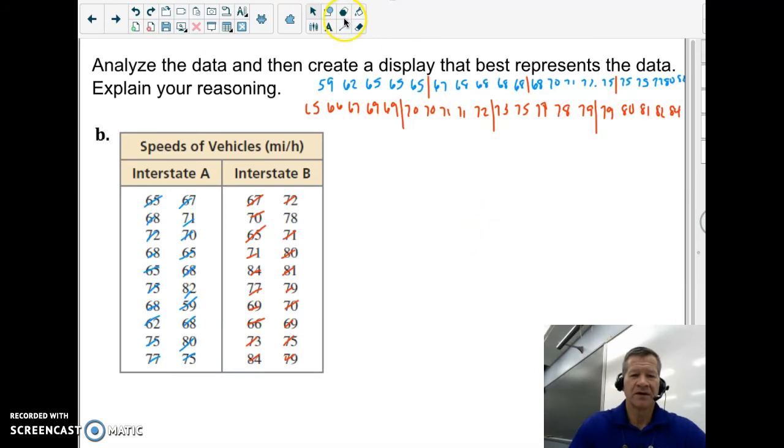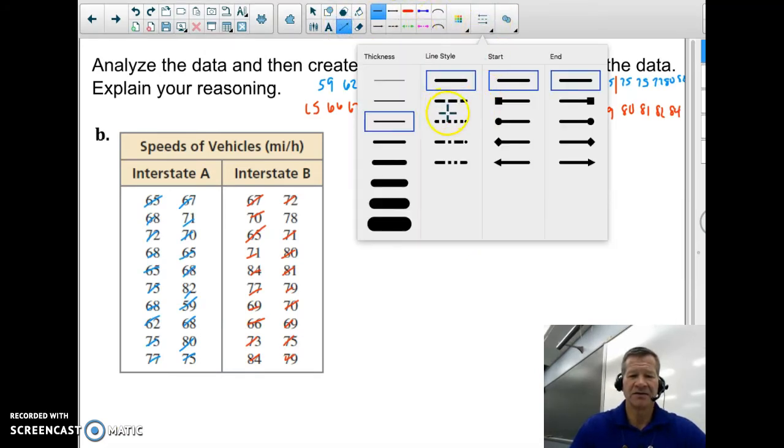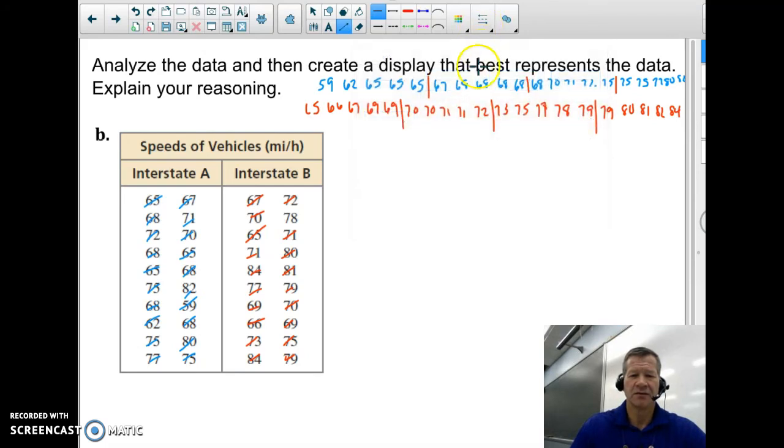Okay, what I've done is enter this data, and I entered it in such a way that would allow me to put all the data in order so that I could find the median and the 3 quartiles and the highest and lowest.